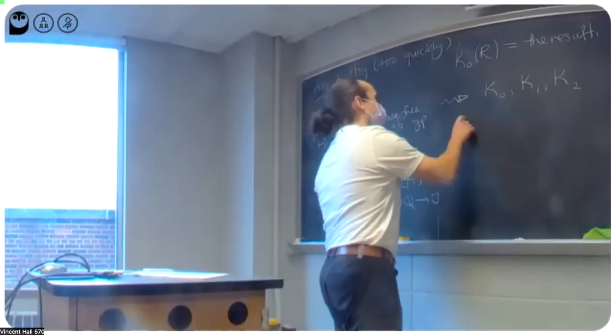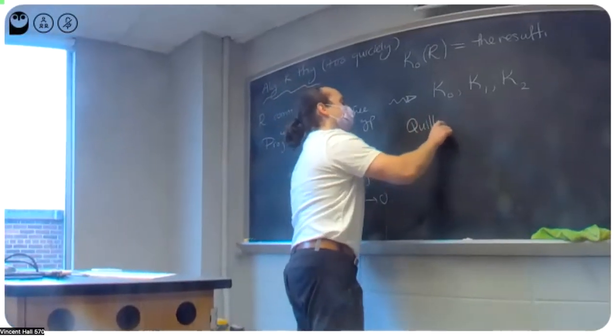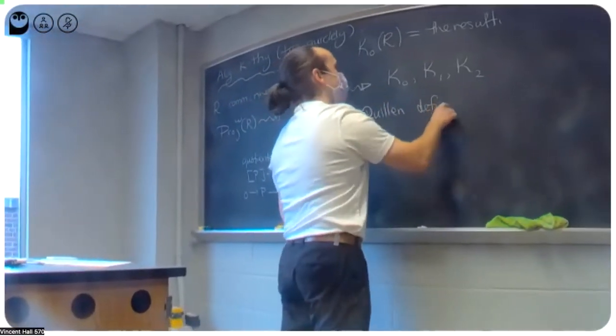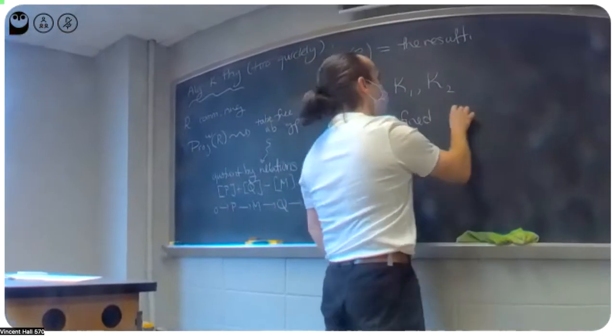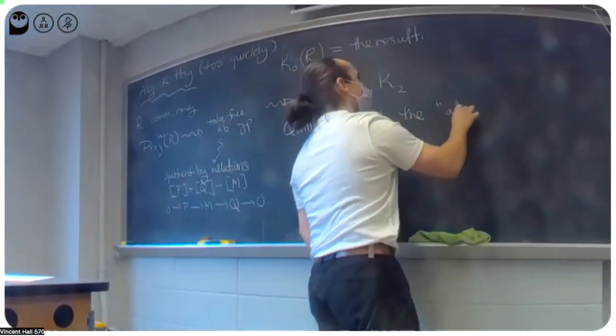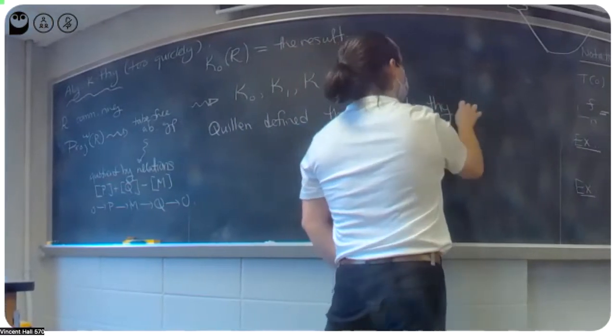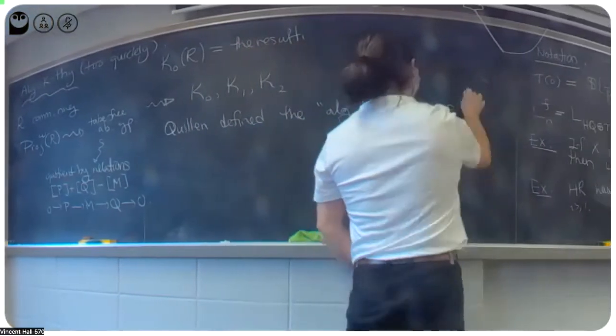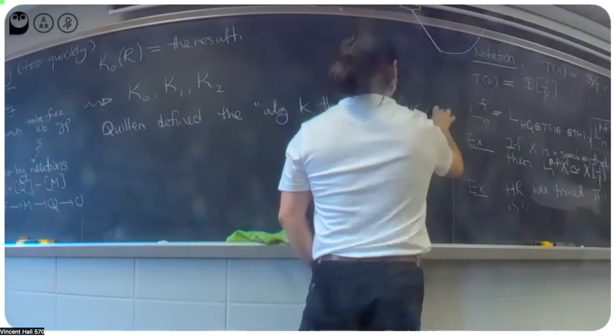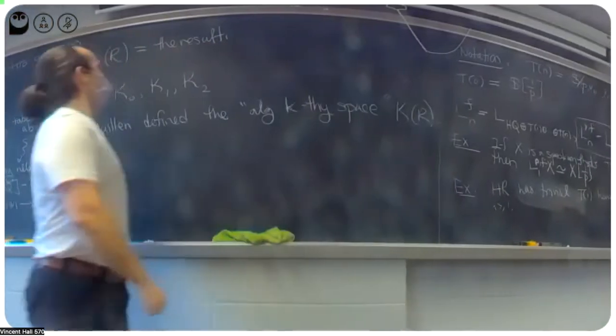So Quillen defined the algebraic K theory space, which we'll write as K R with no subscripts.